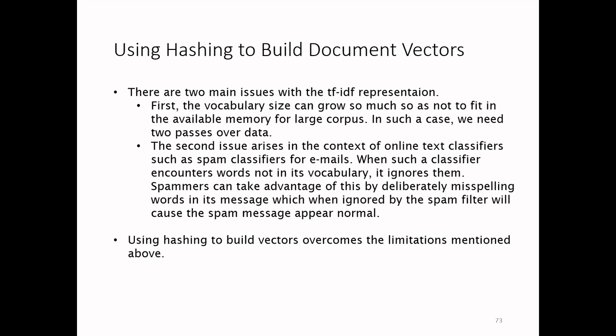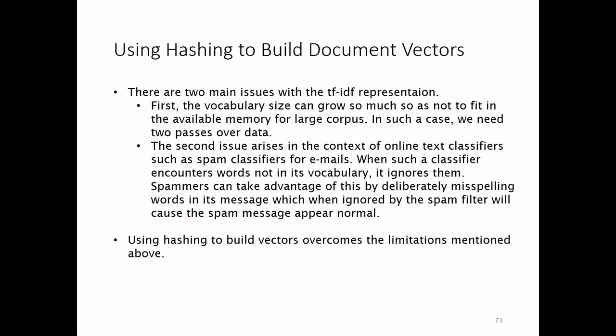So if you discard all the words that are not in the vocabulary and just perform classification based on the words that are in the vocabulary, the system thinks it's not a spam email. And what spammers do is they know that this is how the classifier works. So they will put in regular words, but at the same time, they will throw in misspelled irregular words that will try to attract your attention.